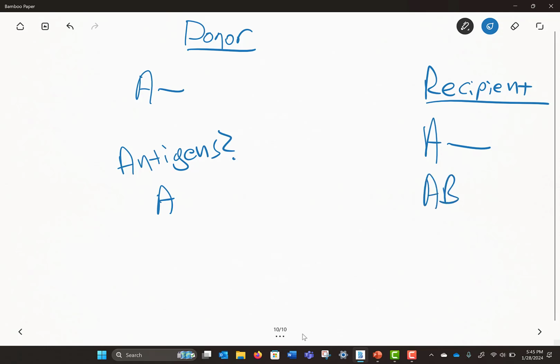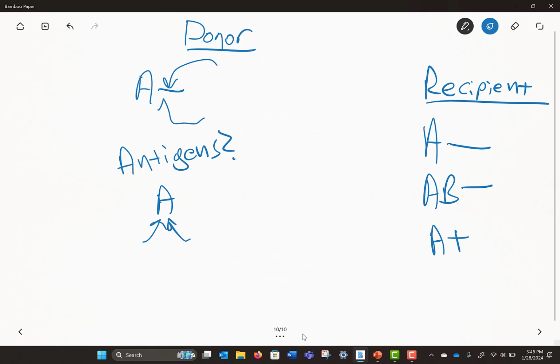AB negative because they already have A, and they are negative for Rh. The person receiving can be A positive because, again, A antigen is okay.